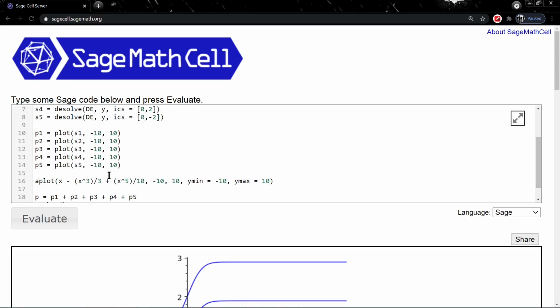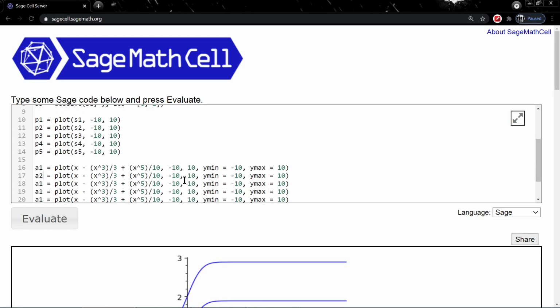We will assign this to a variable a1, a for approximate solutions. We will copy this and paste it 4 times. A2 equal to this plus 1, A3 equal to this minus 1 for C equal to minus 1, A4 will be this plus 2 and A5 will be this minus 2.